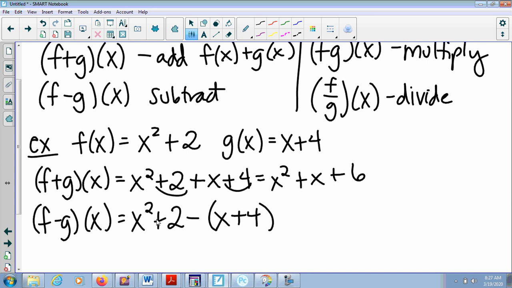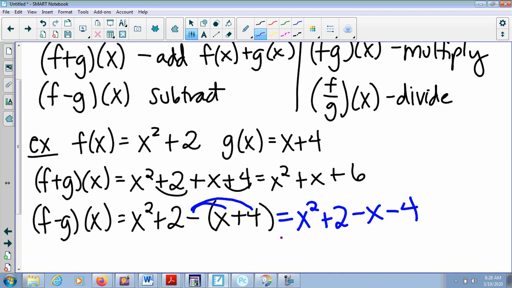We've got x squared plus 2, then minus x plus 4. And we know if we have a minus in the front, that this negative gets distributed to both of those things. So when we write it out, it becomes x squared plus 2 minus x minus 4. So if you forget to distribute your negative, you're going to miss that minus 4 at the end.